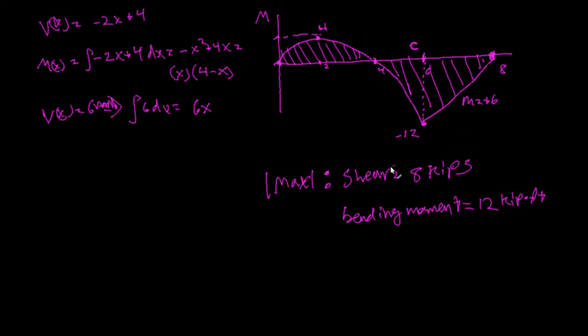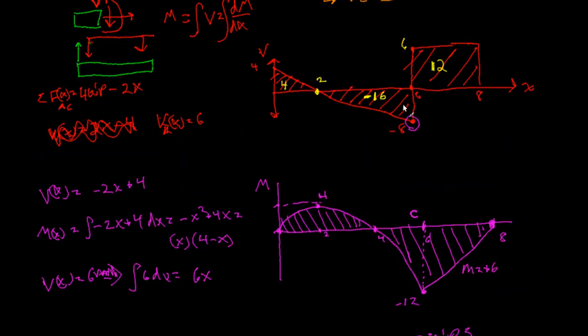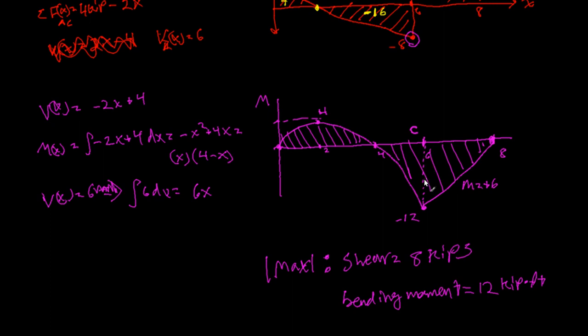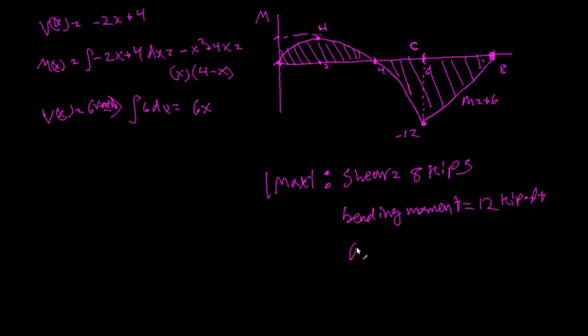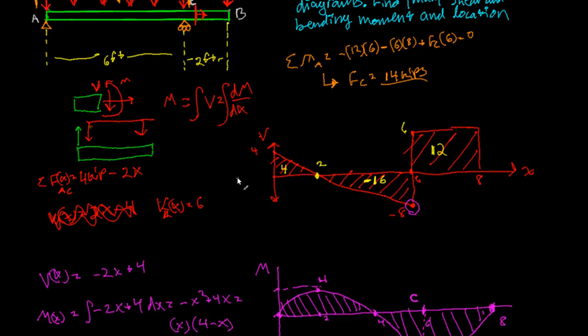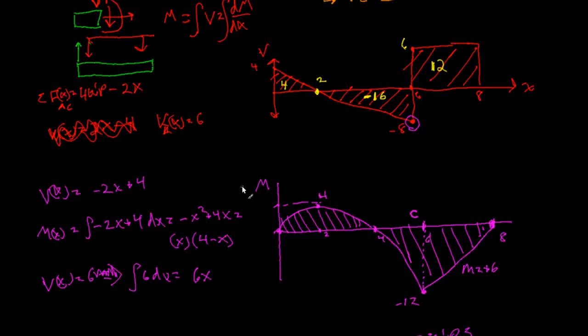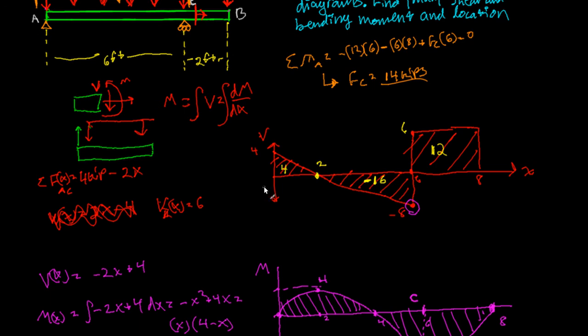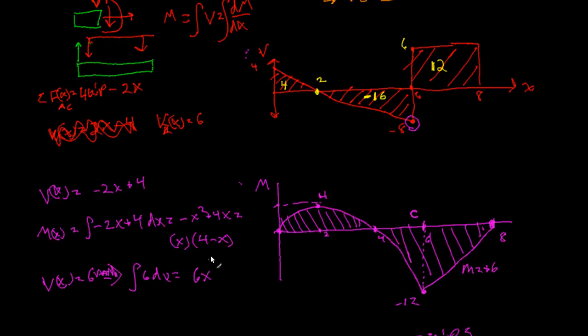Okay, and so our maximum shear happens at 6 feet. Our maximum bending moment happens at 6 feet as well. And that's it. So the key to remember here is that you can go back and forth between your V and your M by integrating V to get M or differentiating M to get V. Alright.